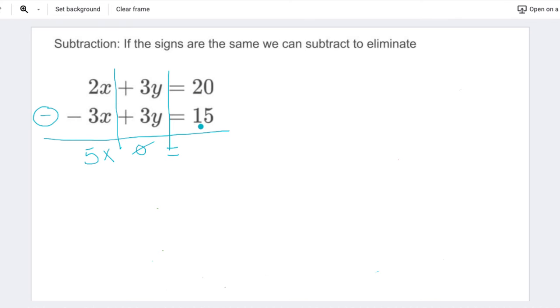And 20 minus 15 is 5. So now we have 5x equals 5. We're just going to divide. So x is 1.